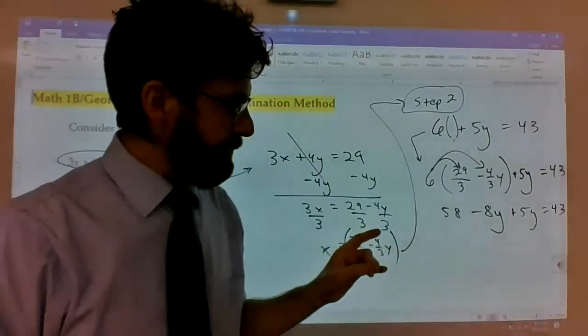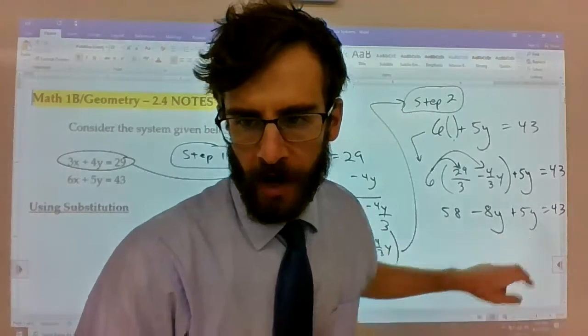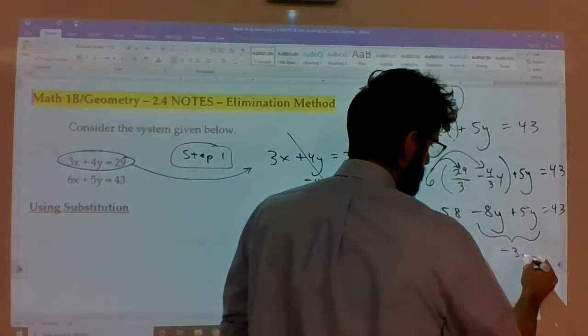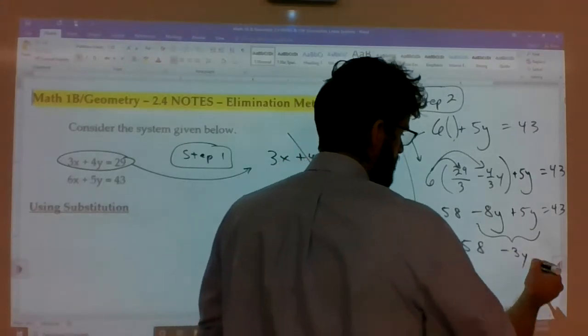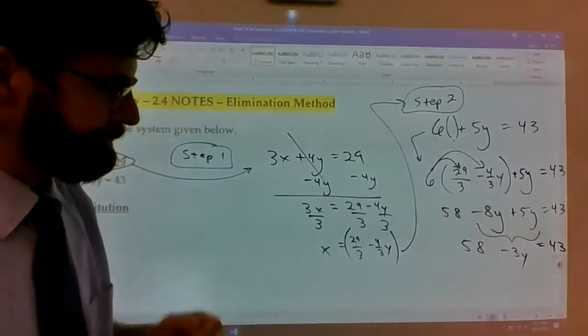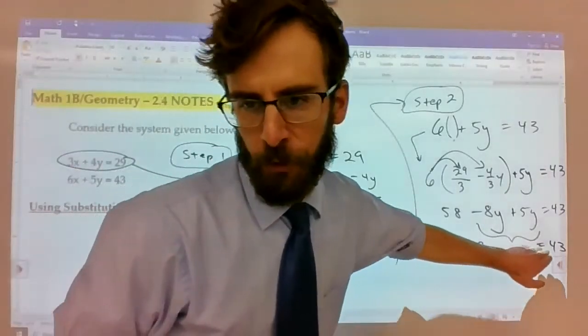Now this is the point of the problem in which you would combine the like terms, the negative 8y and the 5y. And you get negative 3y. At this point, I want to get the 58 and the 43 together.